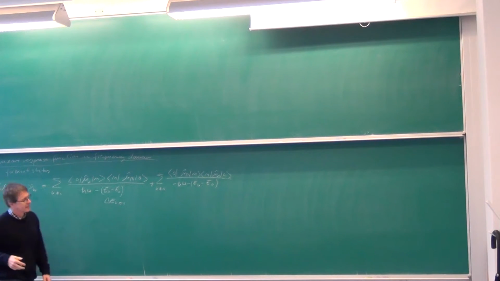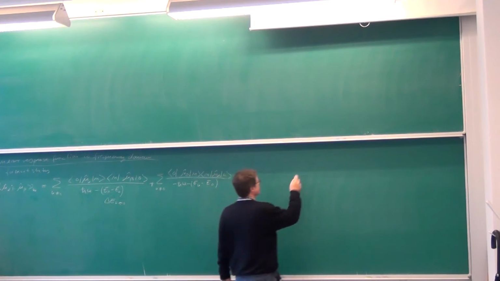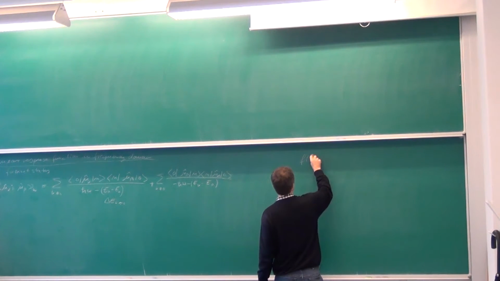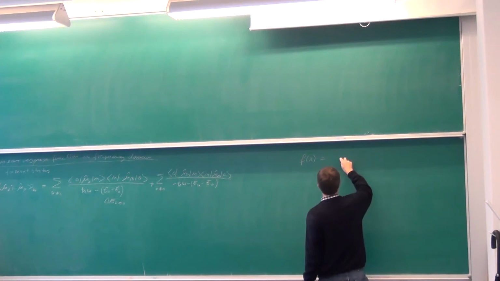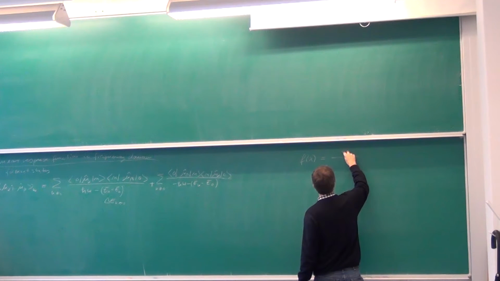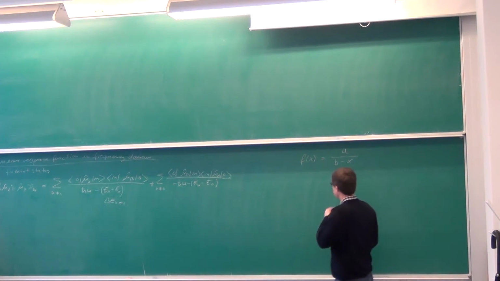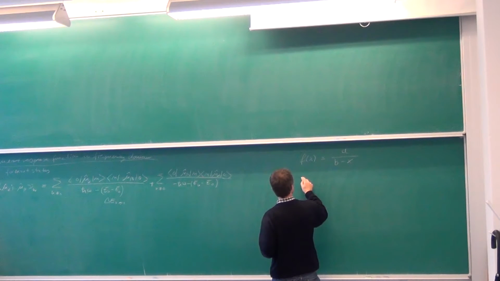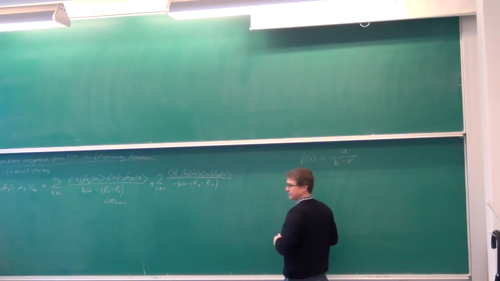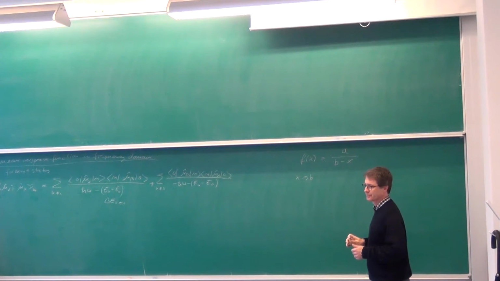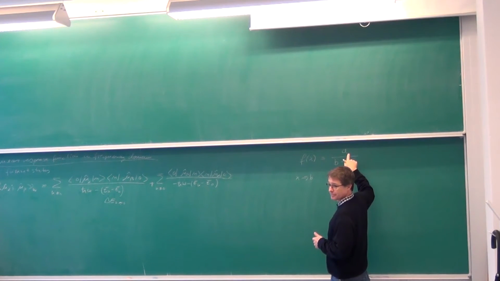And you get that if I have a function, let's take some function f of x, and let's say that is a divided by b minus x. Obviously, if x goes to b, that function has a singularity. It goes to infinity.